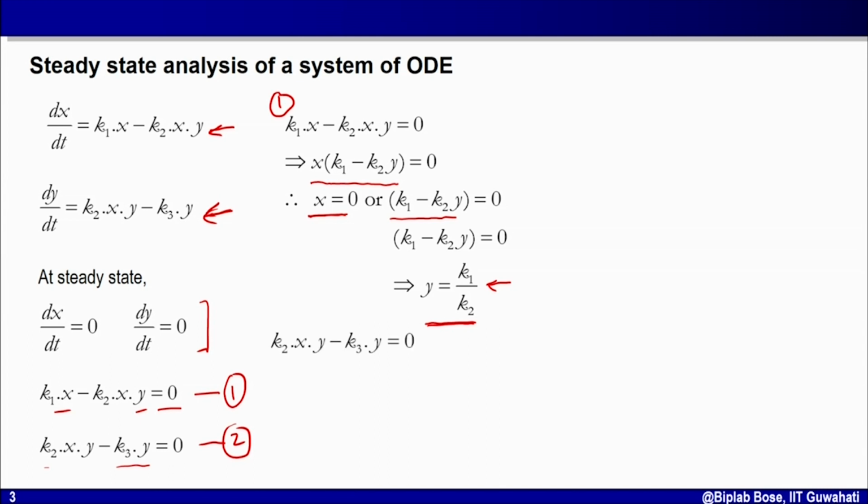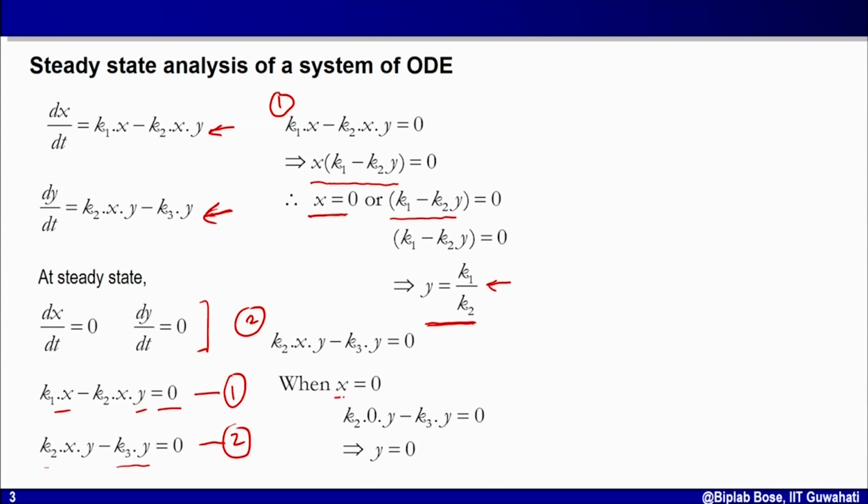The second equation is k2 xy minus k3 y equal to 0. Let us consider when x equals 0. If x equals 0, this second equation becomes k2 into 0 into y minus k3 y equals 0. That means y is equal to 0.